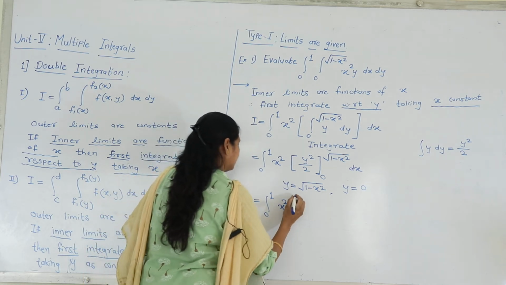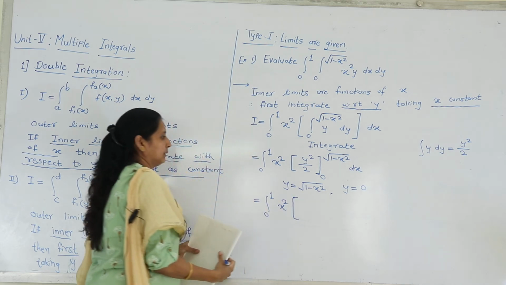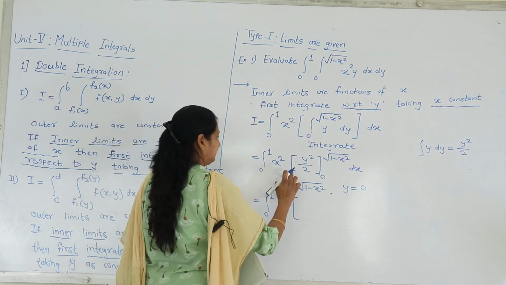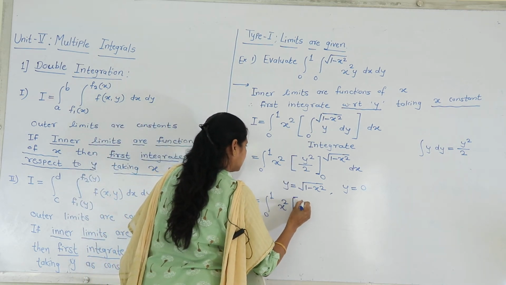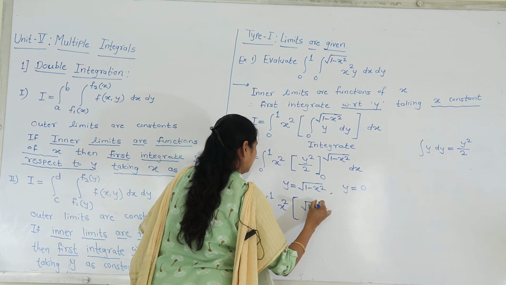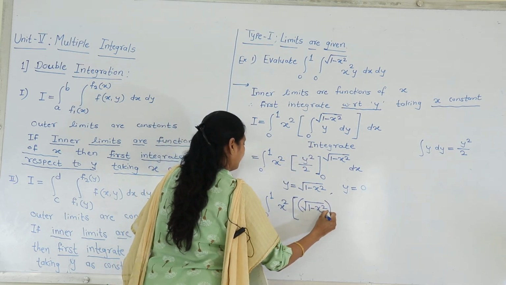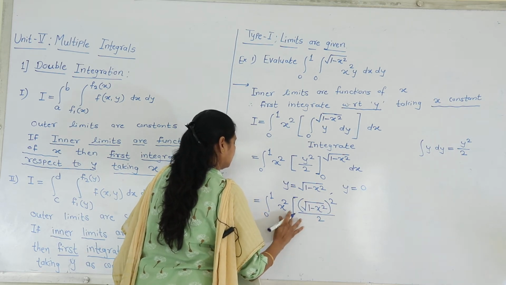Now put limits for this bracket, upper limit minus lower limit. At the place of y, put y equal to under root of 1 minus x square, and the bracket square upon 2 as it is.